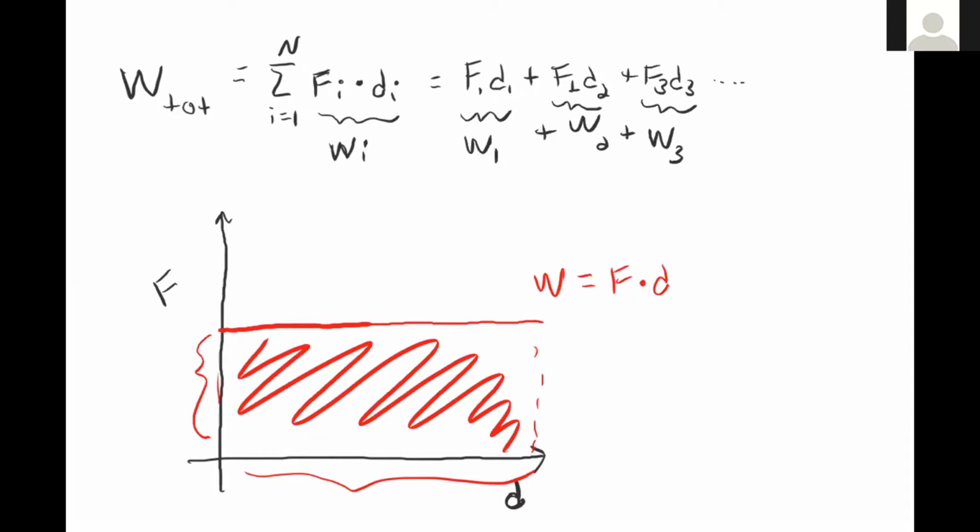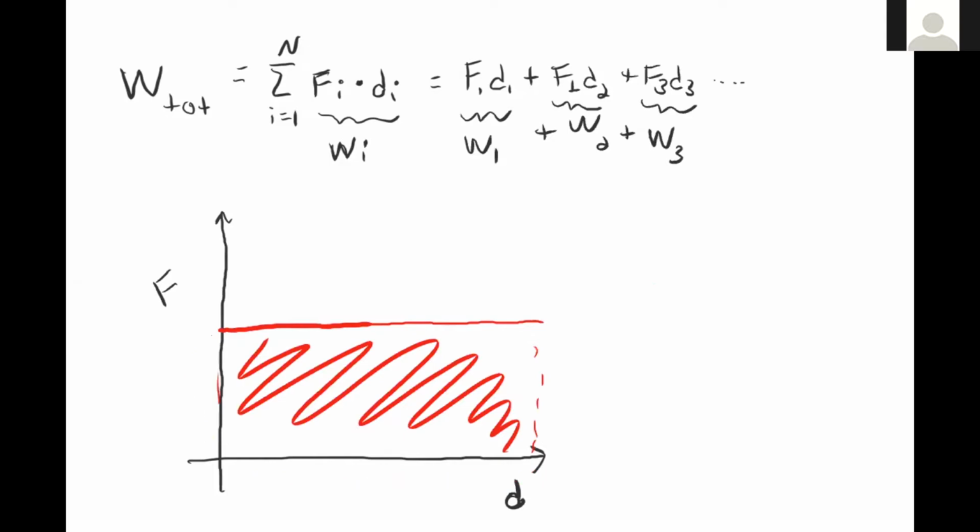If we're taking the area of a rectangle, that's the length times the width. In this case, the length is distance D, and the width is the force that's applied. And so whenever we are taking a work, we're also taking the area underneath the force versus distance graph. And this is what it looks like when it's a constant force, which is really easy and less interesting, I would say.